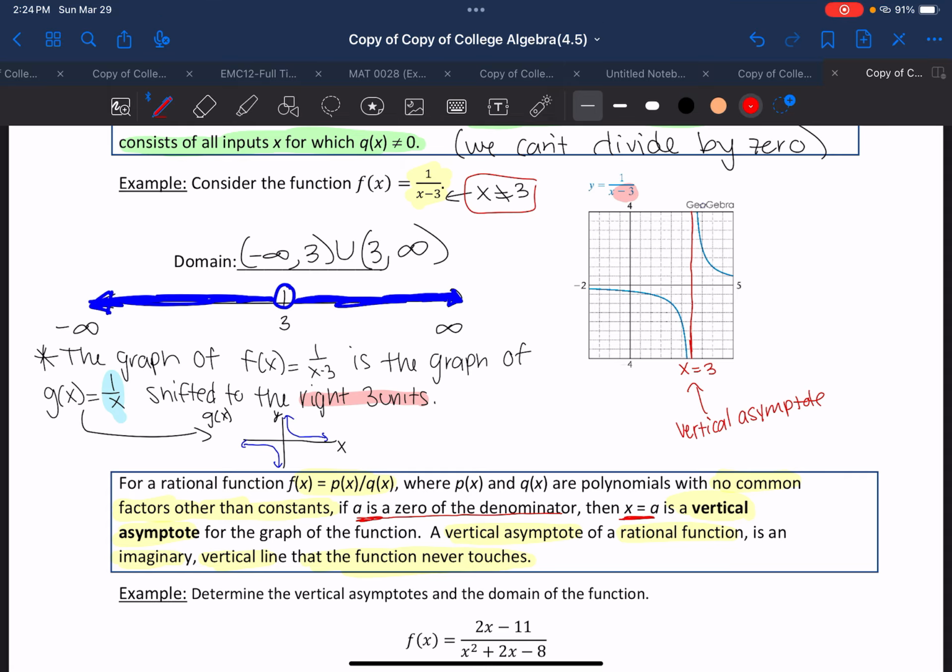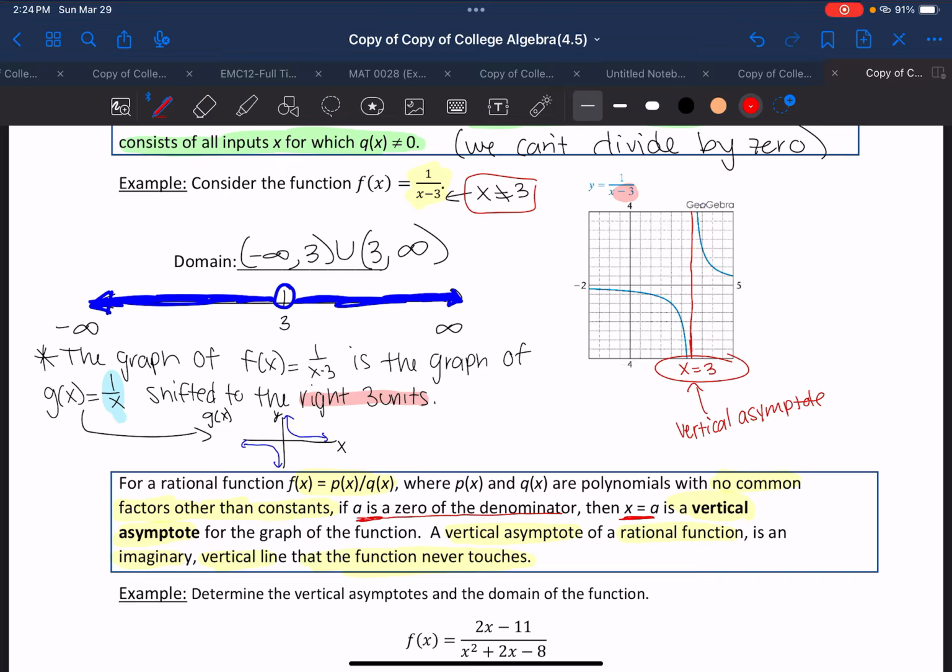So just like we just saw in that example, 3 was a zero of the denominator x minus 3, because if I plugged 3 in for that x, it would make it 0. And therefore, x equals 3 here was a vertical asymptote of that function.